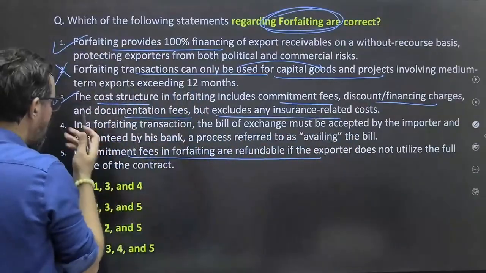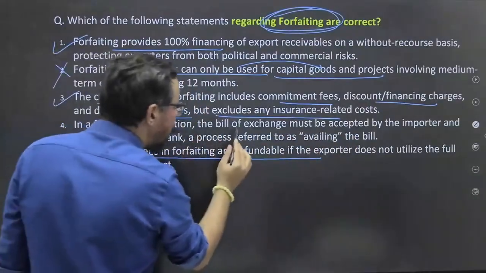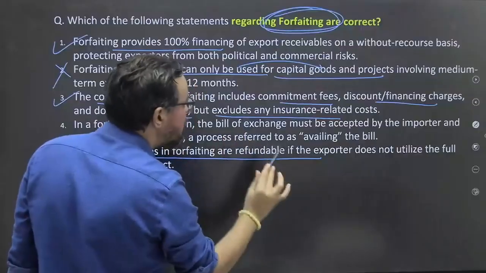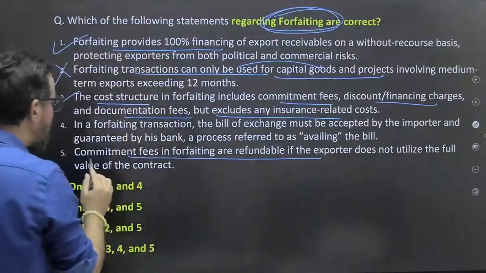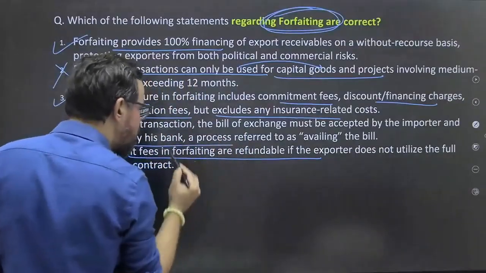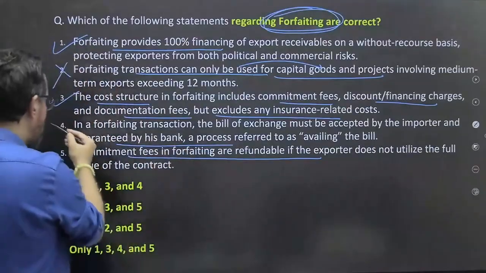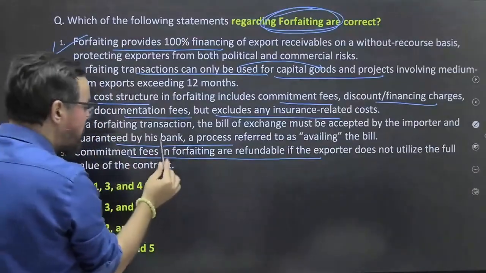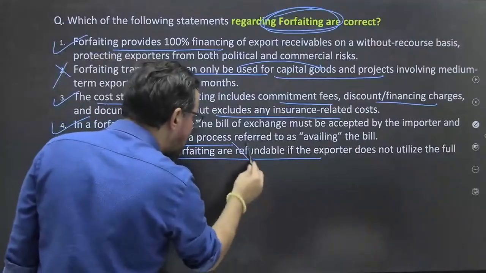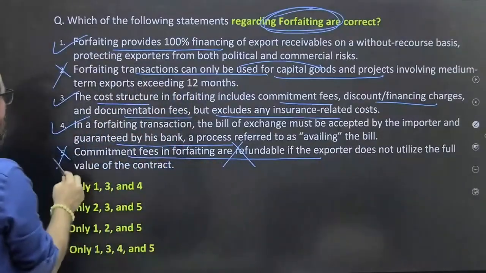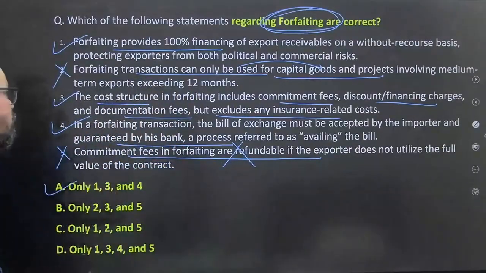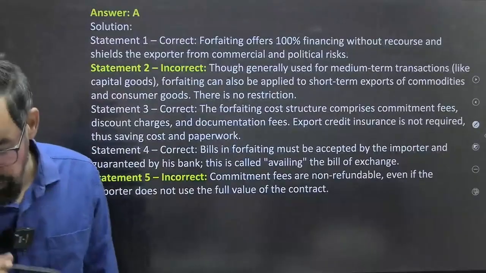In a forfeiting transaction, the bill of exchange must be accepted by the importer and guaranteed by his bank, a process referred to as availing the bill. True. Commitment fee in forfeiting is non-refundable. This is wrong. So 1, 3, 4, that means option A is the right answer for this particular one.